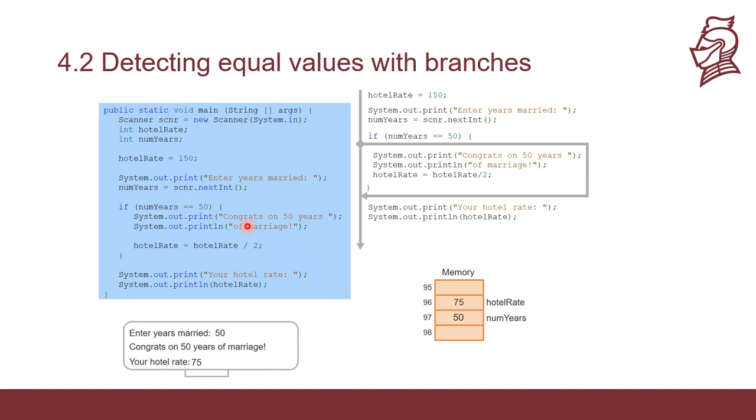If it is, then you're going to do what's inside the curly braces. So you'll print out congrats on 50 years of marriage, set the hotel rate to hotel rate divided by 2. If this is not true, if this is false, you skip what's inside the braces and just go down here to this part and do it. So you don't execute what's inside the braces if this expression is false. And that's it. That's how this thing works.